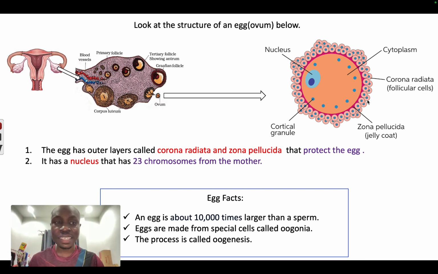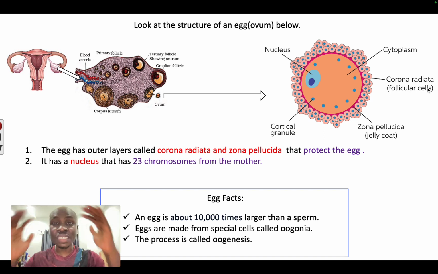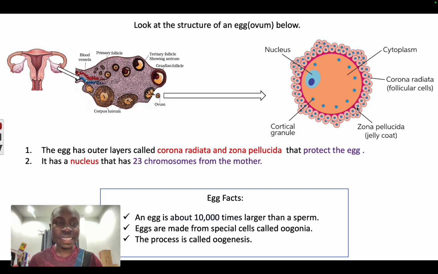What are these layers? The first layer is called the corona radiata. All of these round things are cells which form the corona radiata, the first layer. And the next layer, the pink layer, is called the zona pellucida.